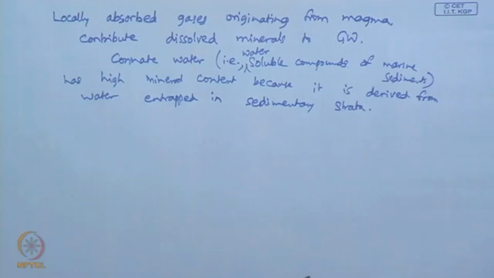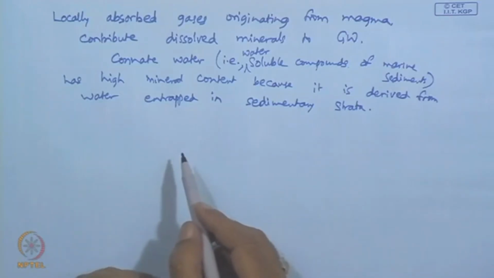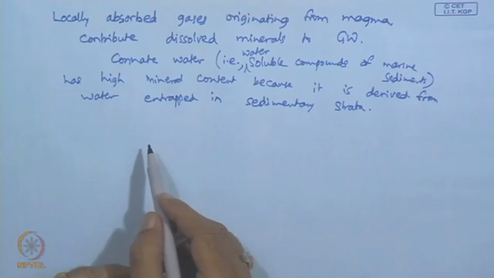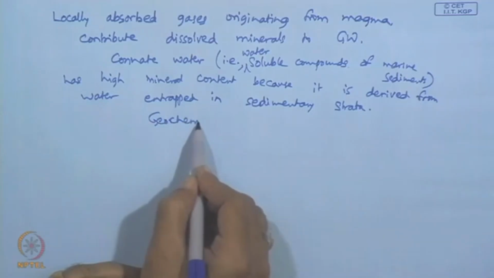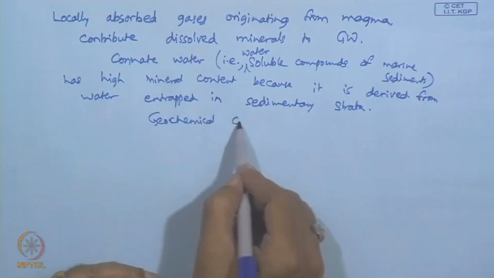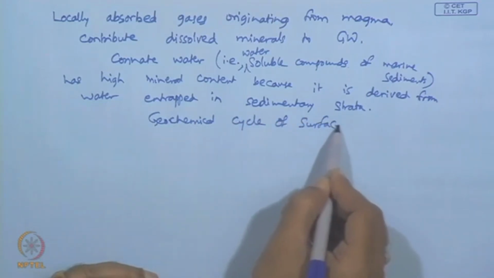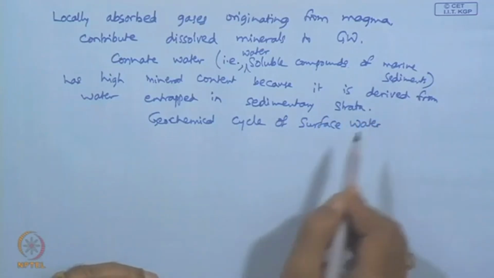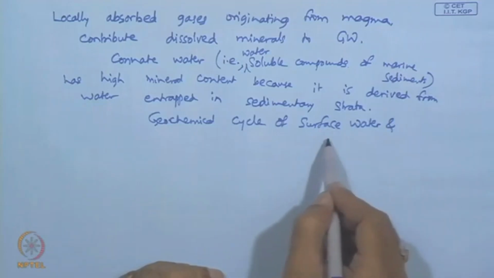Now, let us briefly discuss the geochemical cycle of surface water and groundwater.